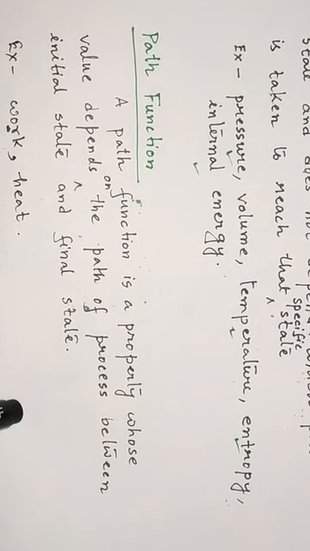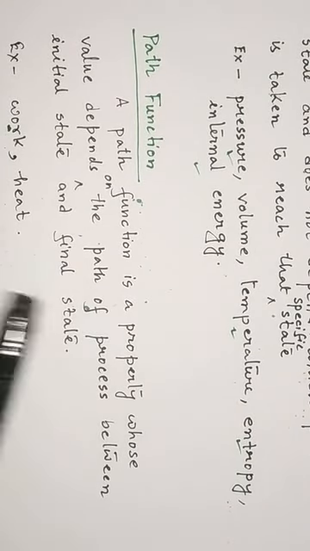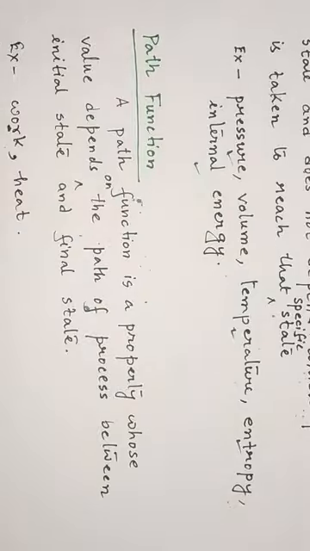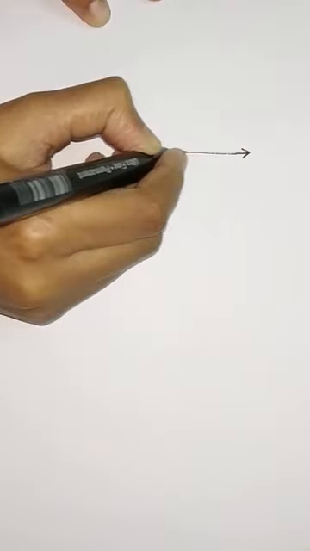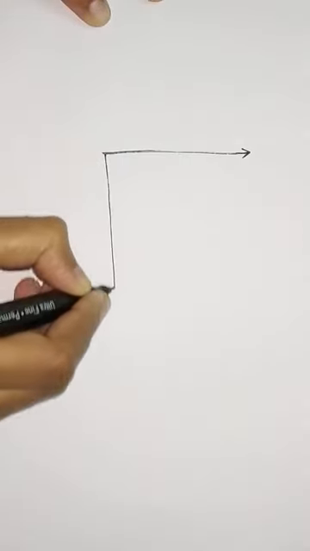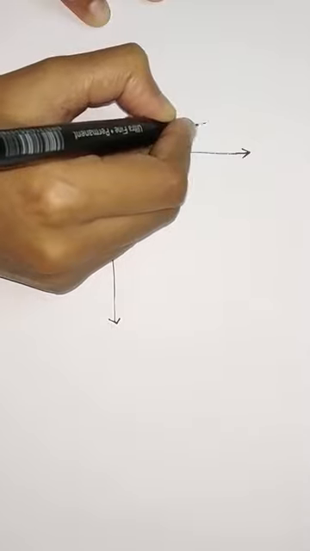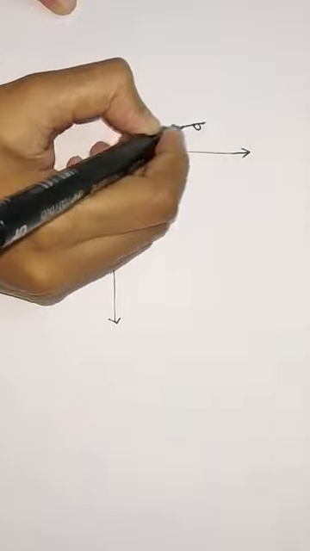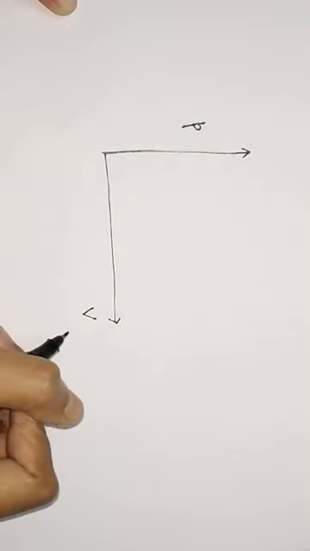Now we can use the indicator diagram to understand state function and the path function better. So suppose here we have an indicator diagram whose vertical axis we have taken to be the pressure axis and the horizontal axis is volume axis.